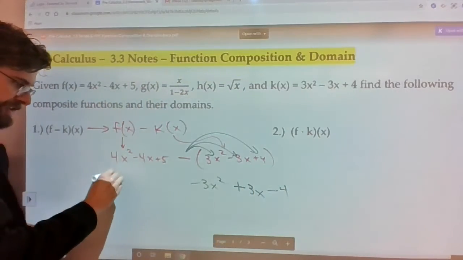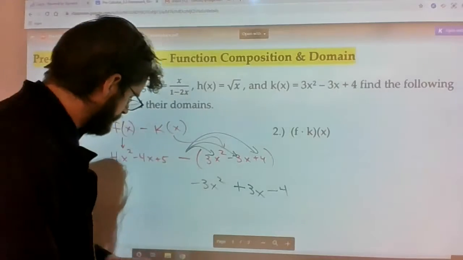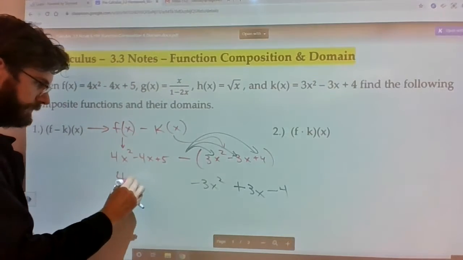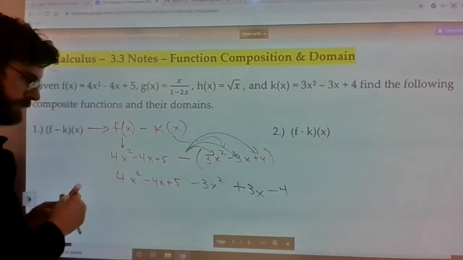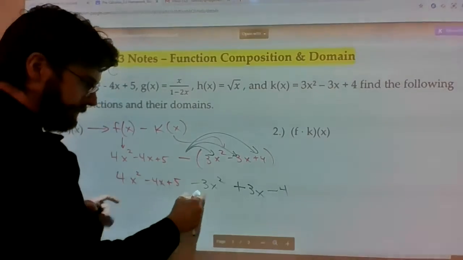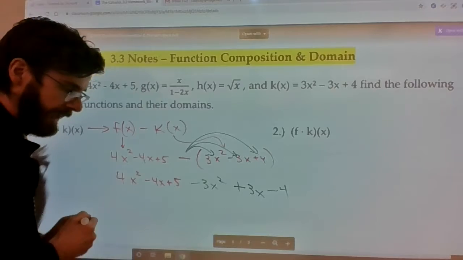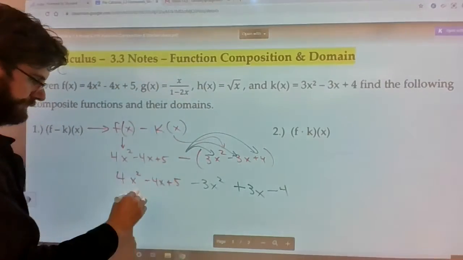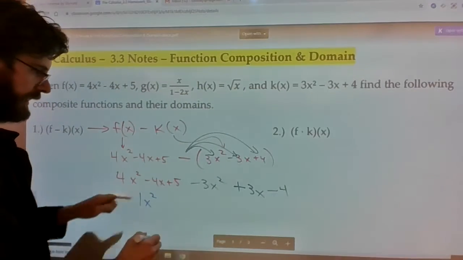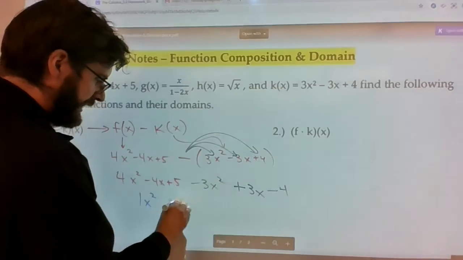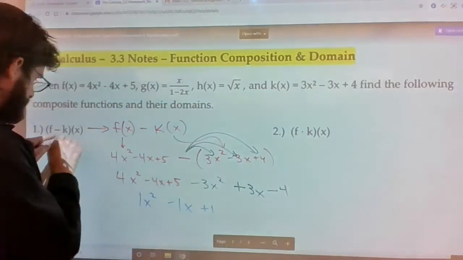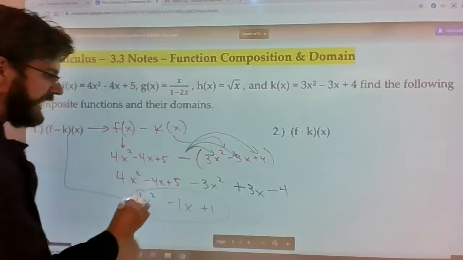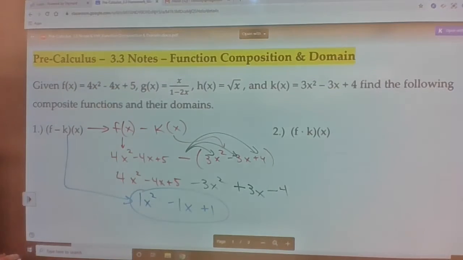Yeah, and then this just stays the same. So 4x squared minus 3x squared is 1x squared. Negative 4x plus 3x is negative 1x. 5 minus 4 is positive 1. This is the function f minus k of x.